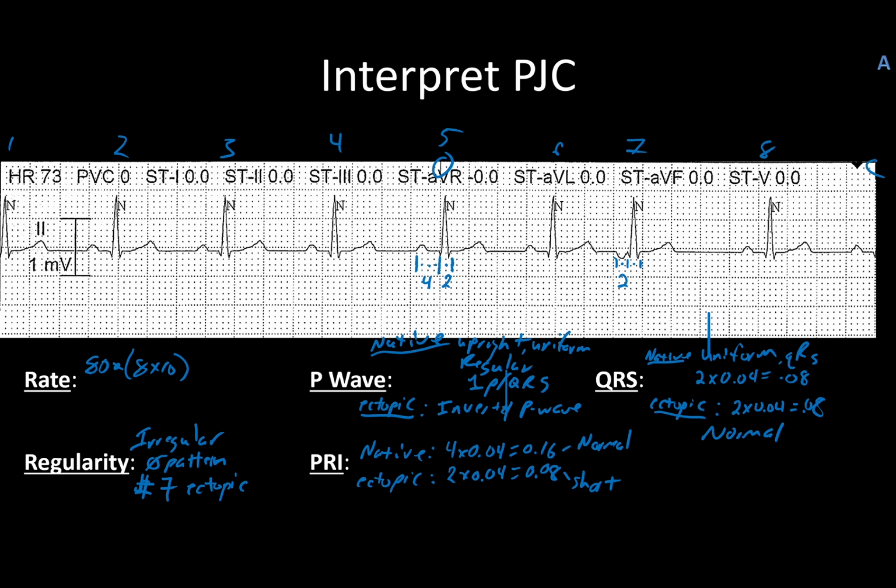So since we have an inverted P wave with a short PRI, less than 0.12, but the QRS is normal, and of course everything else is essentially normal, you have sinus rhythm with PJC.